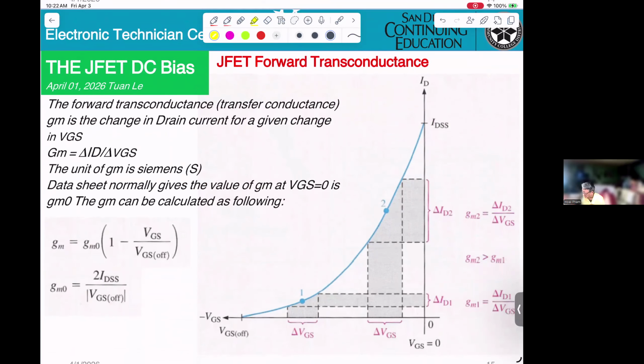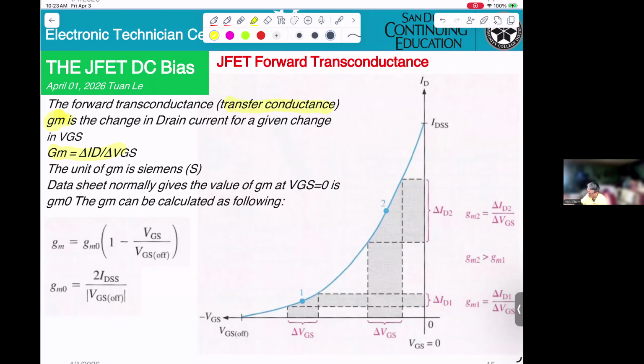Next, for the JFET DC bias, continuing: the forward transfer conductance, gm. gm is the change in the drain current for a given change in VGS.